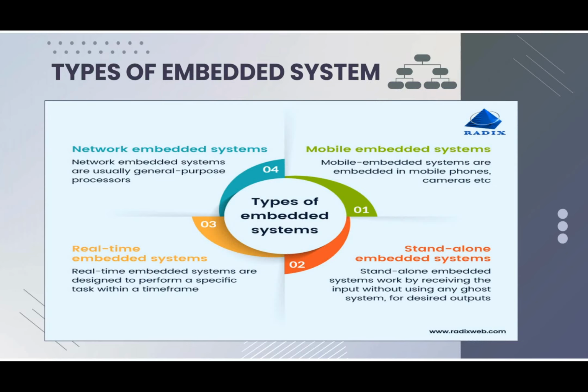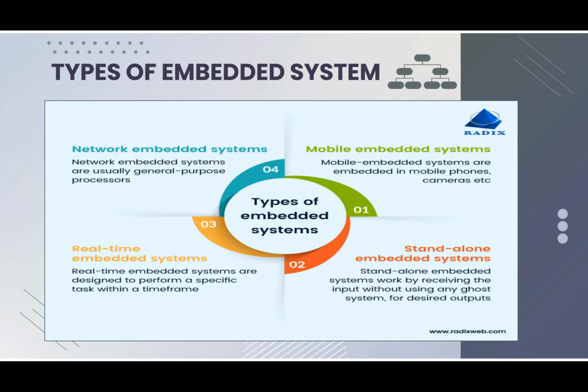So, types of embedded systems. In this we have 4 types: mobile embedded system, standalone embedded system, real-time embedded system, and network embedded system. Mobile embedded systems are embedded in mobile phones and cameras, like the processor, chipsets, and cameras you see in mobile phones.